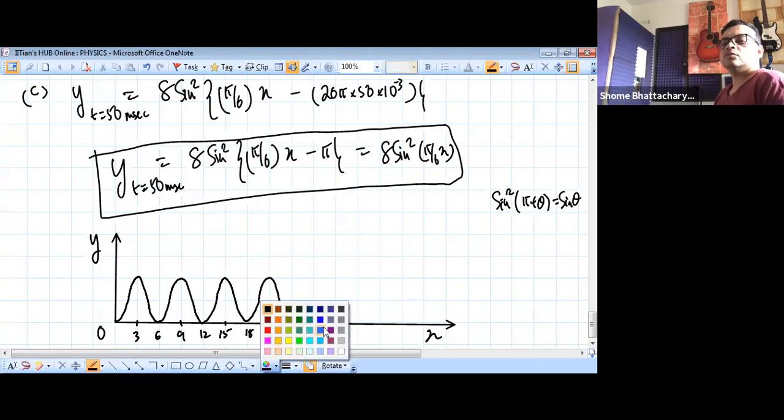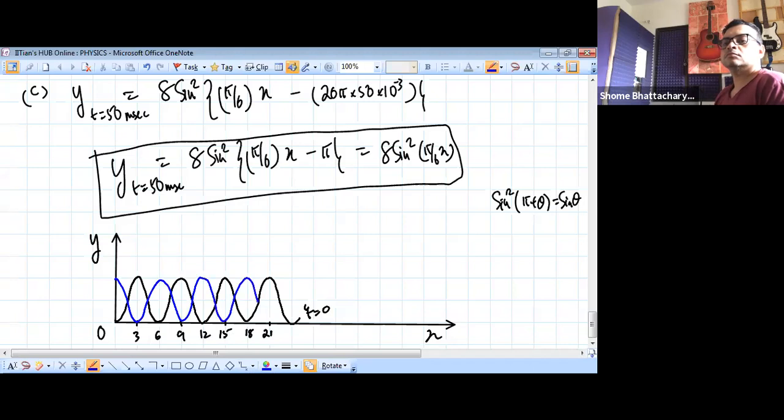Now, by the time we came to 25 milliseconds, we saw that this whole thing has shifted like this. Okay. So each of these peaks you can see have shifted by a distance of 3 meters in 25 milliseconds.